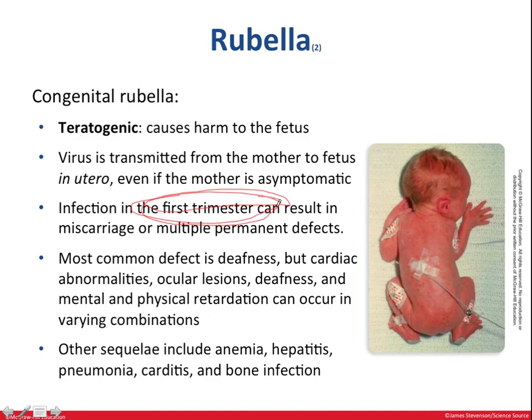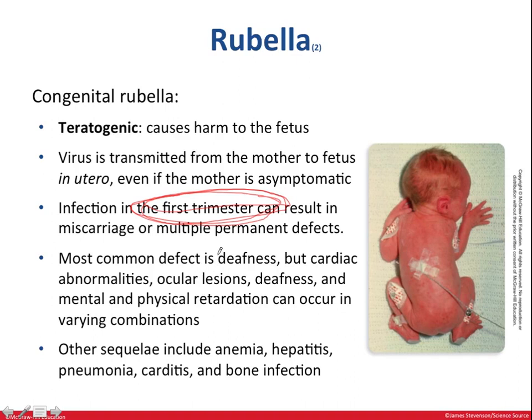Later, after 9 months of pregnancy, the organs of the fetus are matured, so the rubella virus cannot do too much harm. In the first 3 months, rubella virus can cause miscarriage and permanent damage to the fetus.